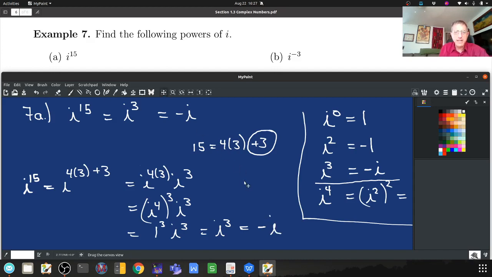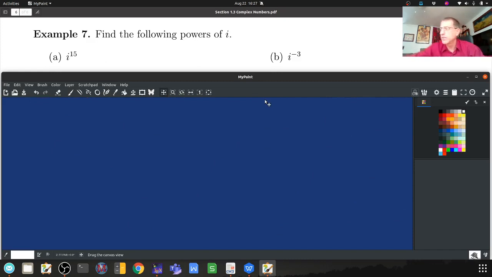And one other example, I think, for this particular section: you're given a negative power of i. I have one more question after this, but it's a thought question. You're given a negative power.